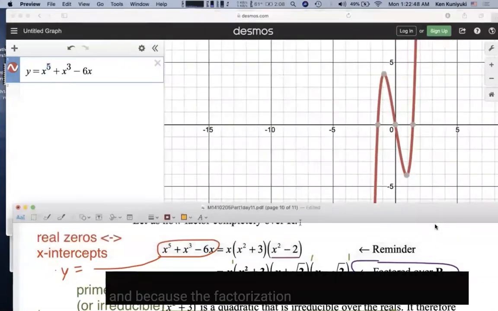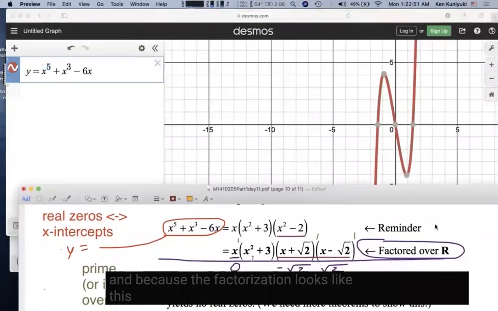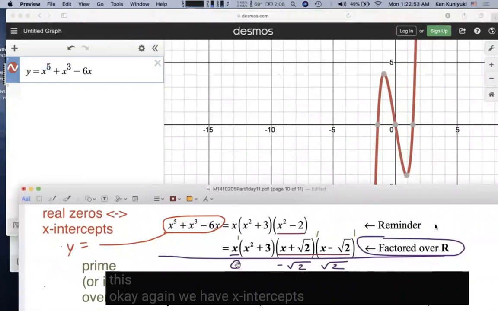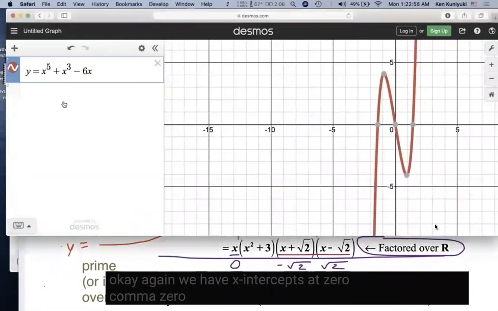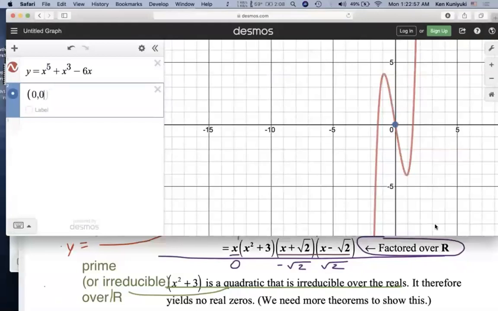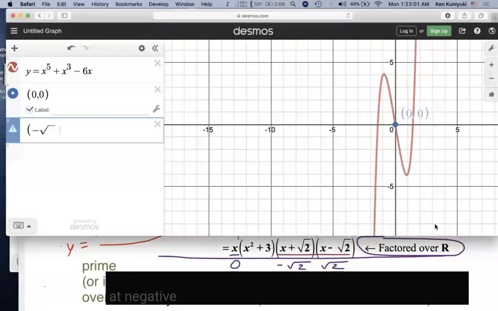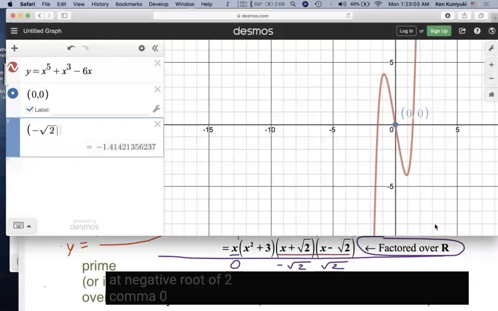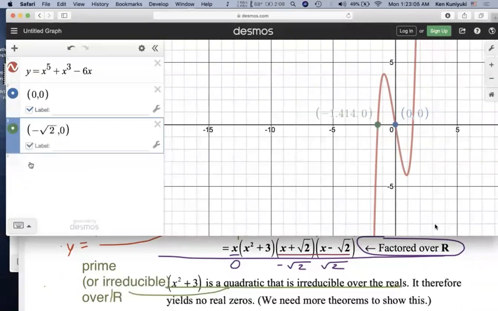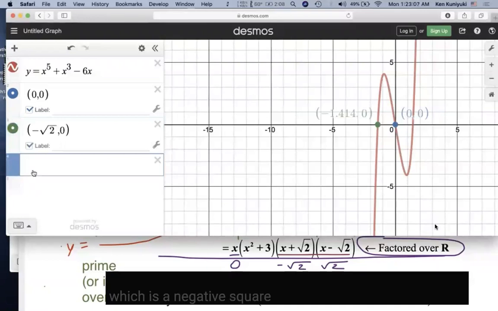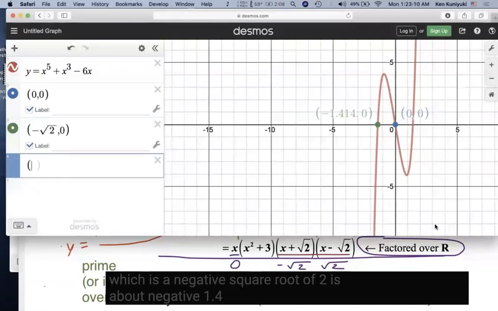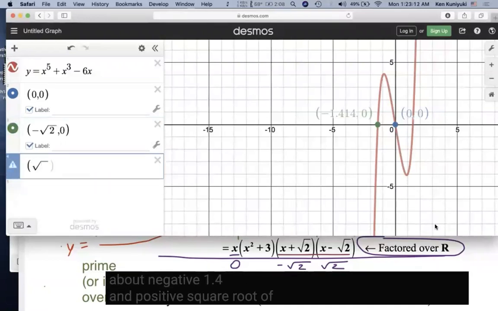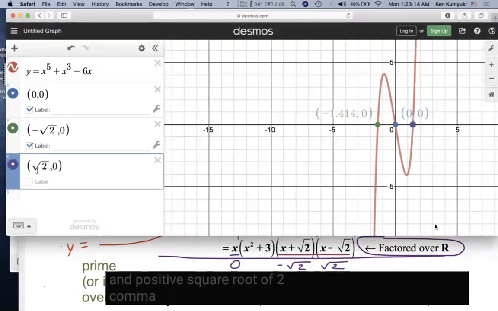And because of the factorization, we have x-intercepts at 0, 0, at negative square root of 2, 0, which is about negative 1.4, and positive square root of 2, 0.